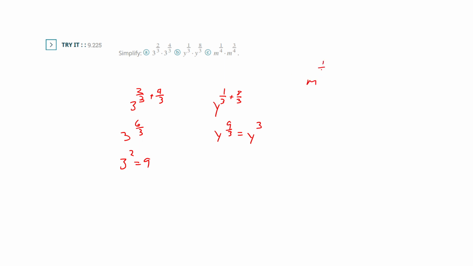Got one more here. We're adding these. So I've got m to the 4/4, which is just m to the first. Okay, same thing here. I've got 5 to the 3/5 plus 7/5. So I've got 5 to the 10/5, which is 5 to the second, which is 25.